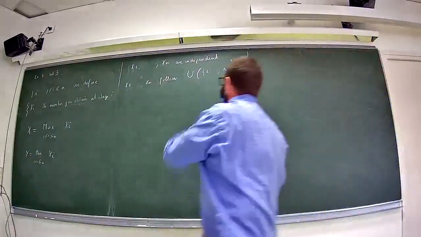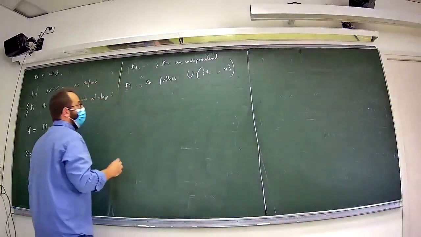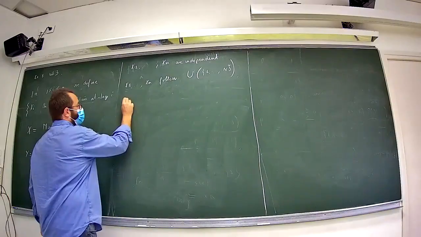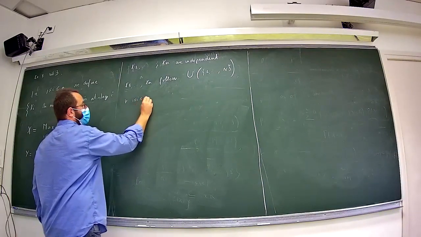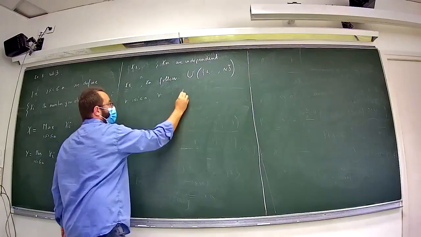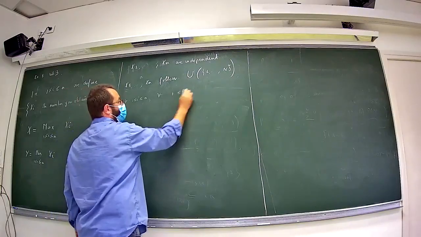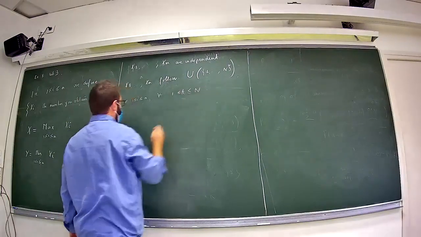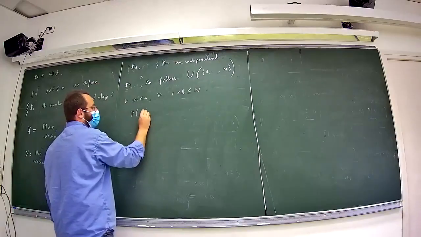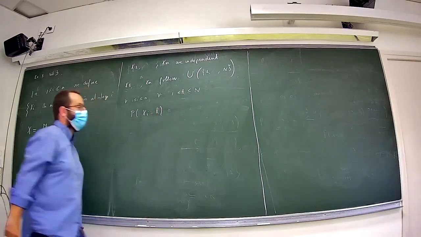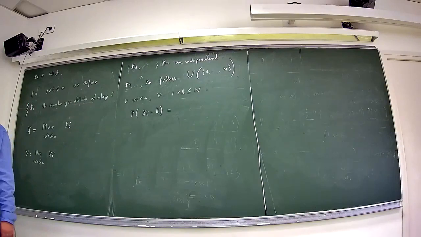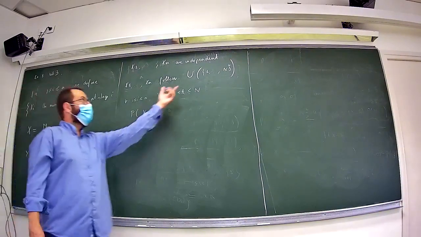So in particular, for all i belonging to 1 to n, for all k between 1 and capital N, the probability that xi is equal to k is equal to what? So I have a uniform on this set.